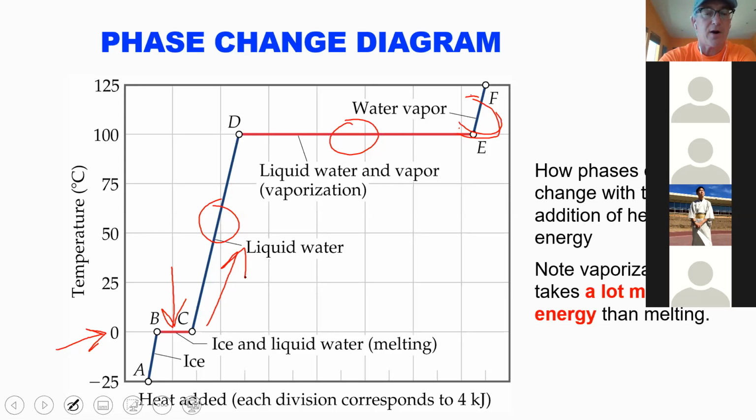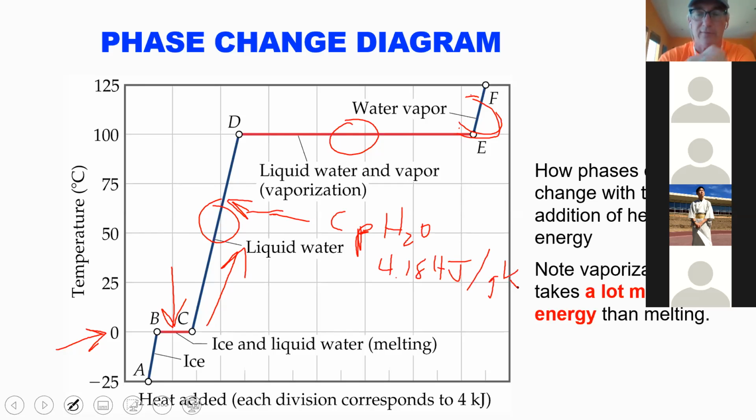And this part of the heating curve from C to D is dependent on the specific heat capacity of water, which we know is 4.182 joules per gram Kelvin. That's what this line is. That's our heating line for heating up water and changing its temperature. So that's dependent on the heat capacity of water. But once we get to 100 degrees, what happens?